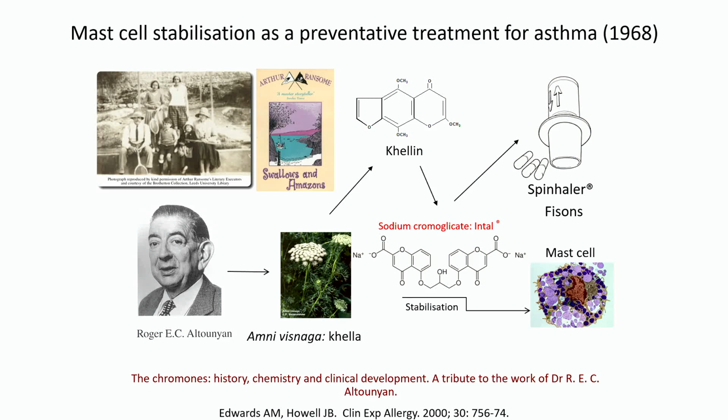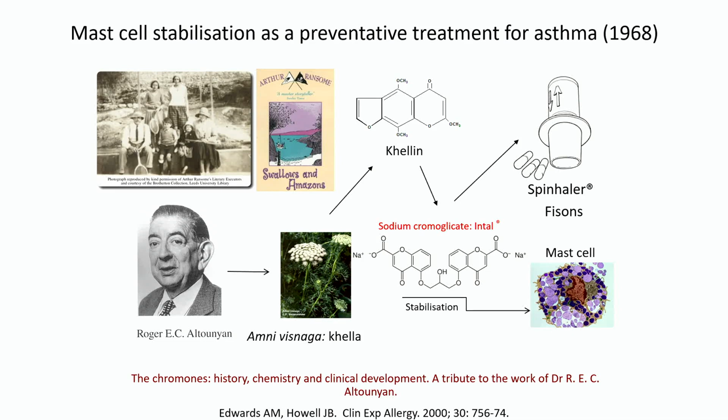The last little bit of this historical story is about mast cells and about a non-steroidal anti-inflammatory drug, which is called sodium cromoglycate or cromolyn sodium. And it was Roger Altounyan who evolved this because his father brought over this herb called Ammi visnaga, which contained a chemical called khellin.